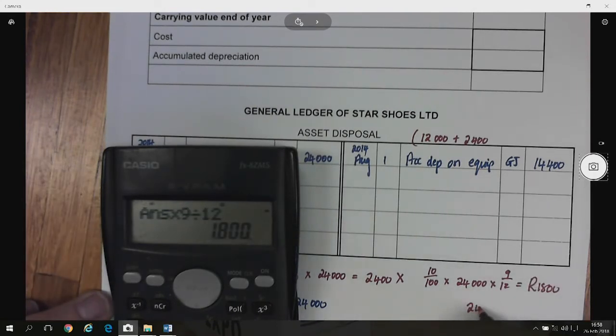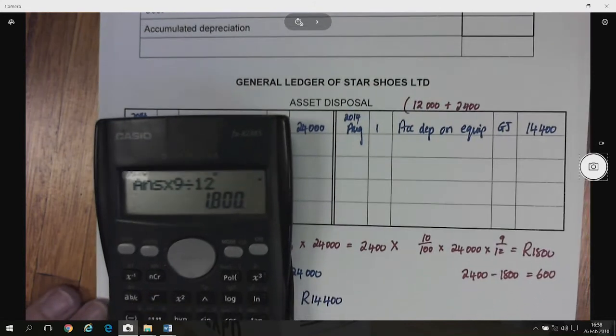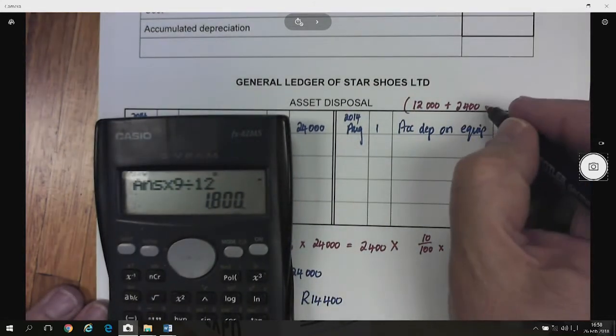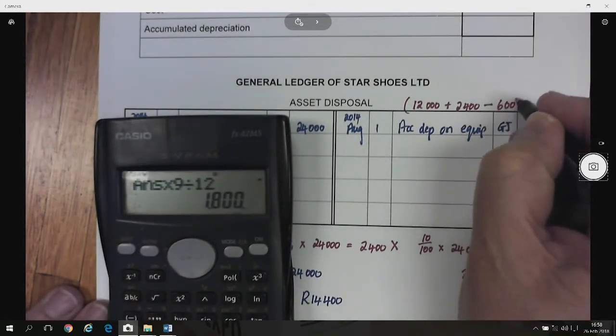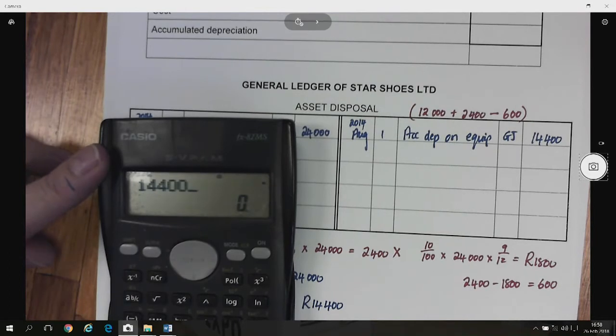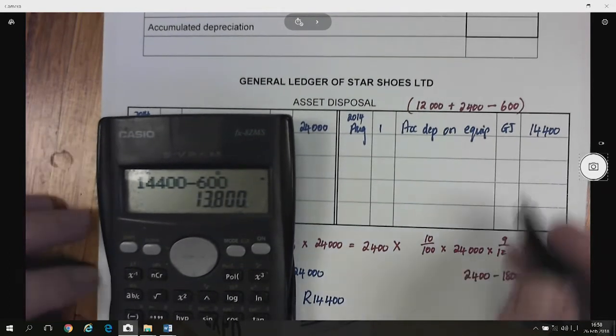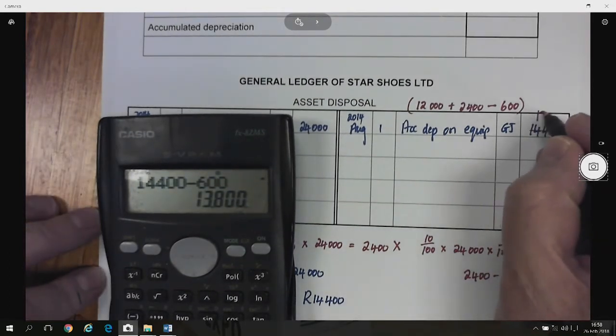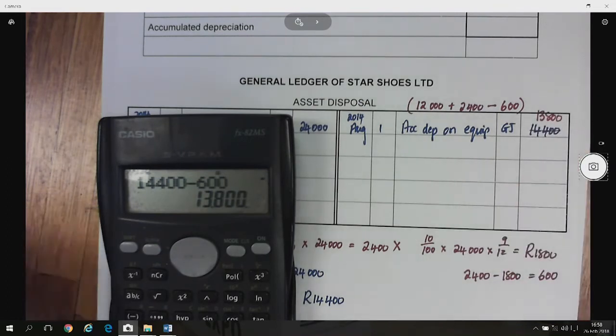So the difference between 2,400 and 1,800 gives you 600 Rand. So it means that we must subtract 600 Rand there because it's wrong. So that one is 14,400 minus 600, so that one is actually 13,800. 13,800. Okay.